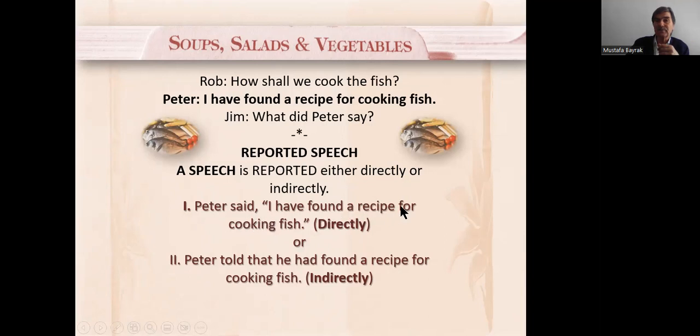Number 2, indirectly. Peter told that he had found a recipe for cooking fish. He had found. Just have found has changed into had found. Peter told that he had found a recipe for cooking fish. This is this.